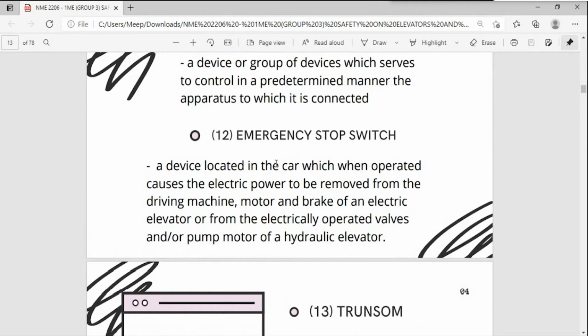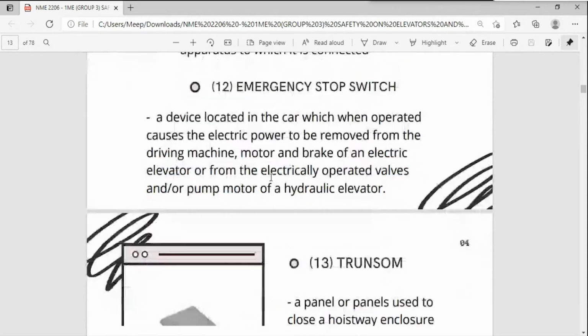Emergency stop switch yung para pag kunwari nagloko yung elevator, tapos hindi na gumagalaw. Yan yung ginagamit para mawala yung electric power sa driving machine or sa mismong elevator.